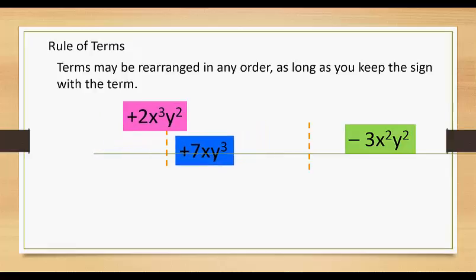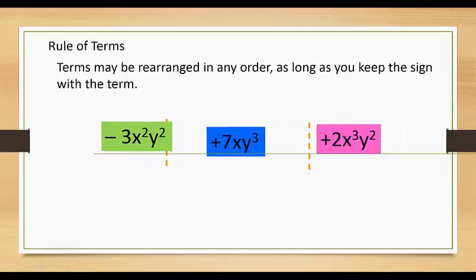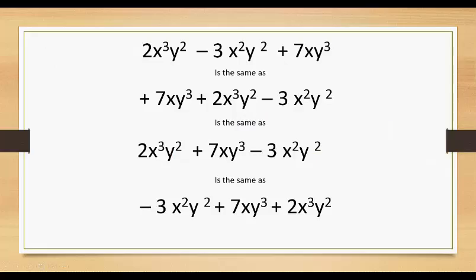You can also switch the +2 and the +7 term. And lastly, if you wanted to, you could switch all of the terms around. The final effect is, regardless of the order of the terms, your answer is always going to be the same.